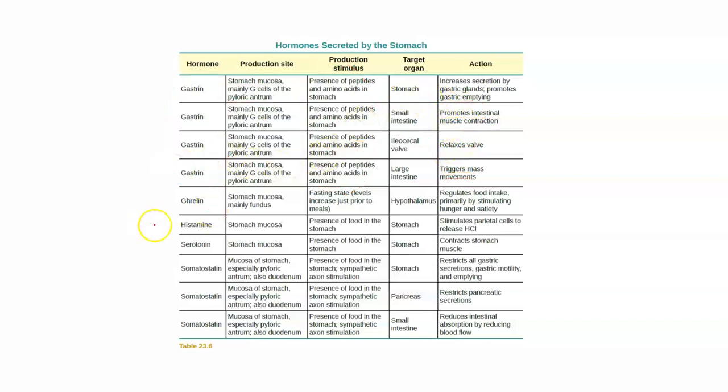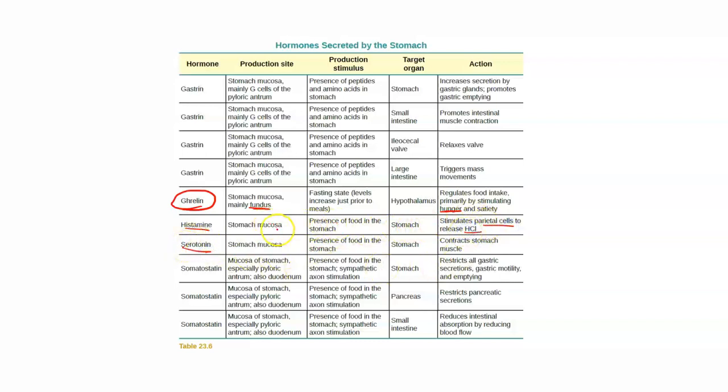Okay. Another hormone is ghrelin, and ghrelin is made in the fundus, and it will stimulate hunger. So it's thought to be like the hungry hormone. Okay, there are some others here, like histamine, which stimulates the parietal cells to make hydrochloric acid.